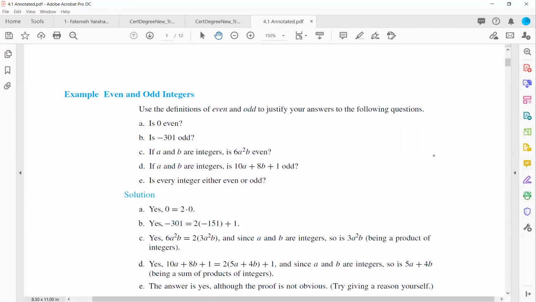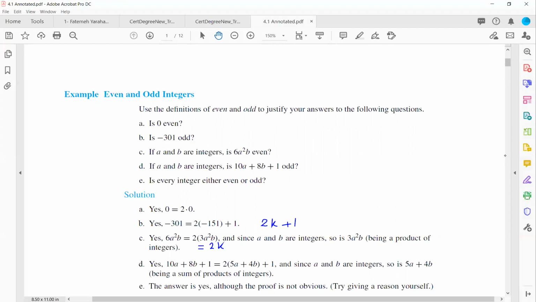Because we can write it as the product of 2 times an integer plus 1. How about 6 times A squared times B? Since you can factor out 2, you can write 6A squared B as 2 times k. So obviously, you have an even integer.